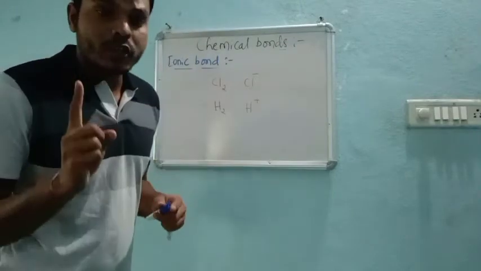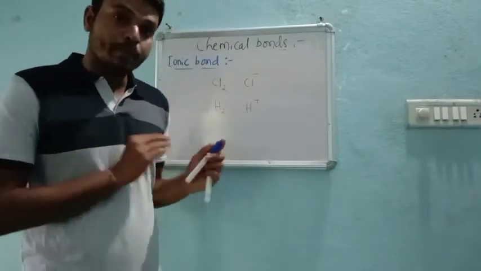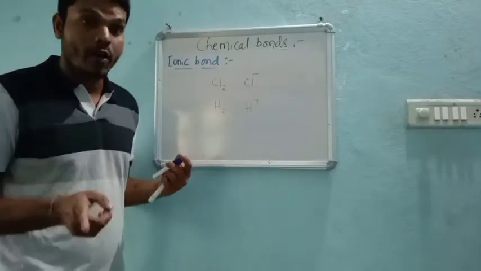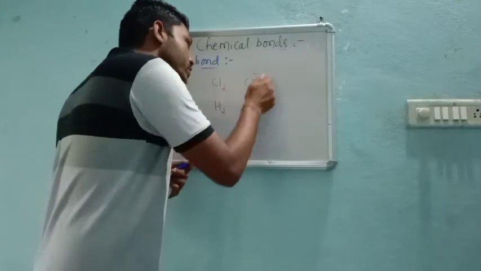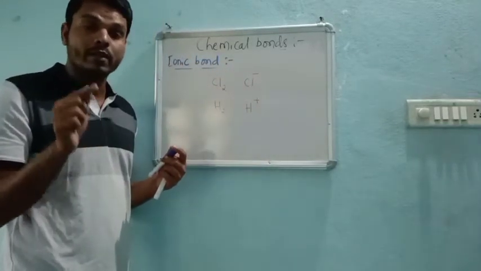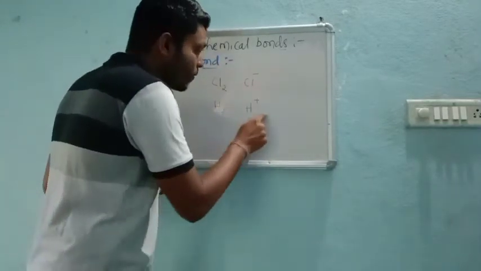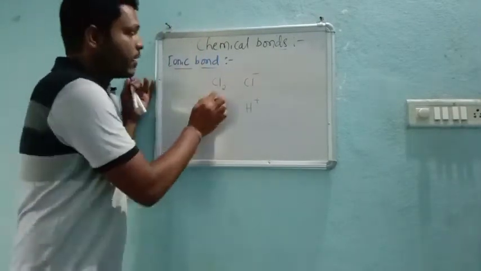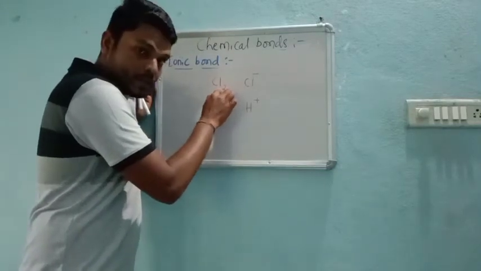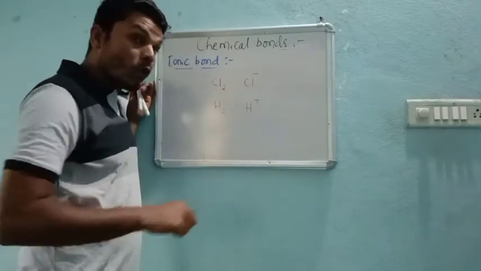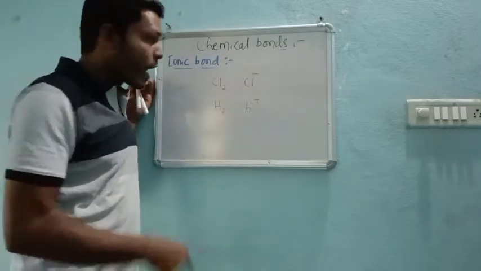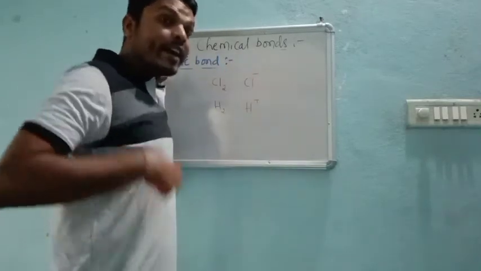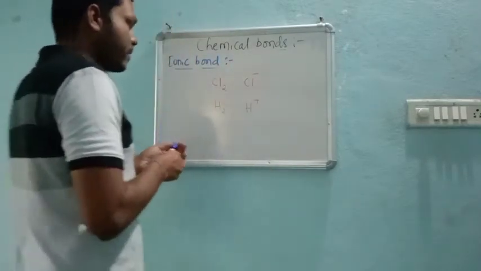When there is no charge on the element or species, then that species or element is not called an ion. Only when there is a charge on the chemical species can we say that there is an ion. That means, to name this Cl2, I use chlorine molecule. Now, chloride ion. See what I am adding here? Ion.